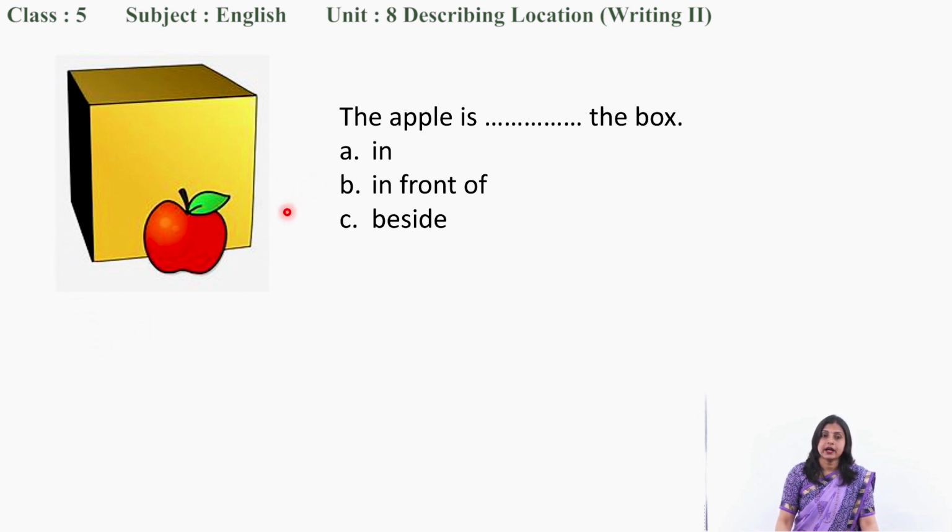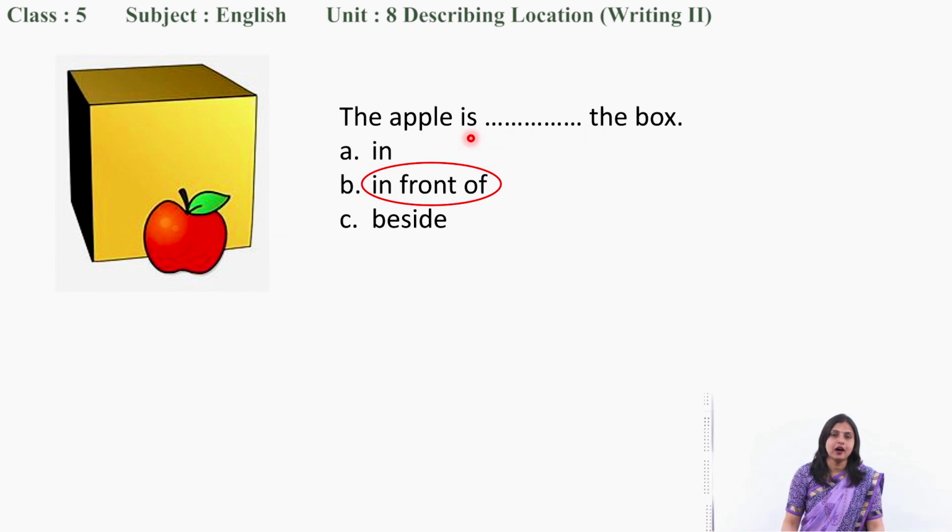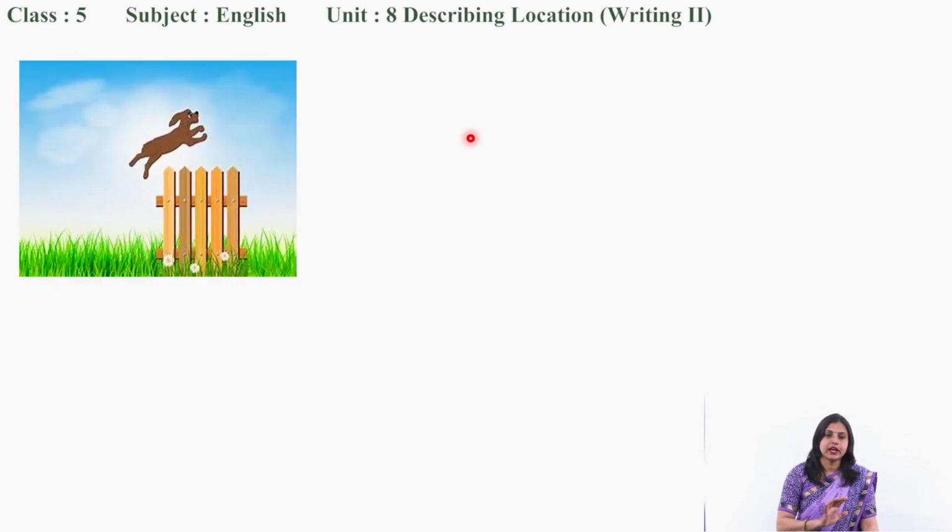Beside means by the side of. Is it by the side of the box? Yes, good. That should be in front of the box because it is in the front part. Okay. So that should be, the apple is in front of the box. Okay, now let's move to the next one.